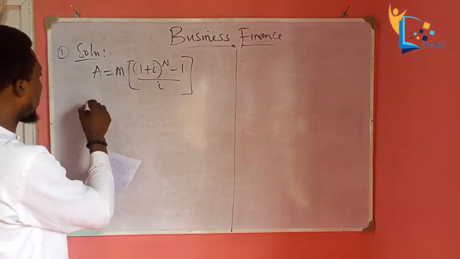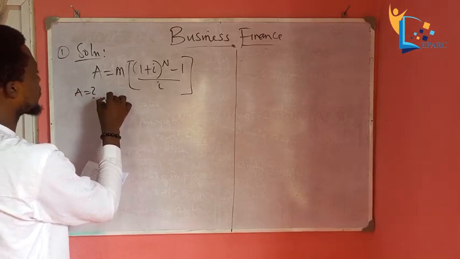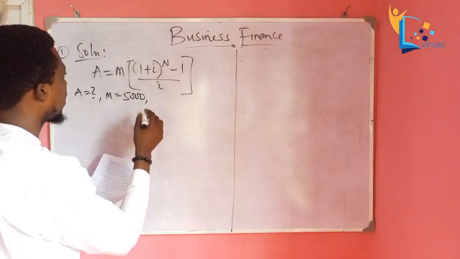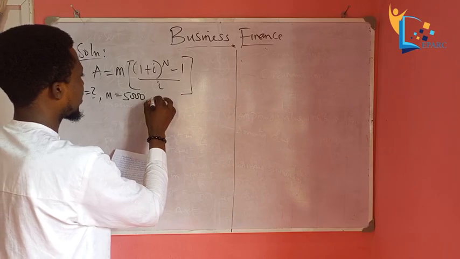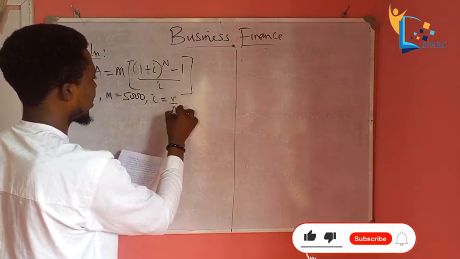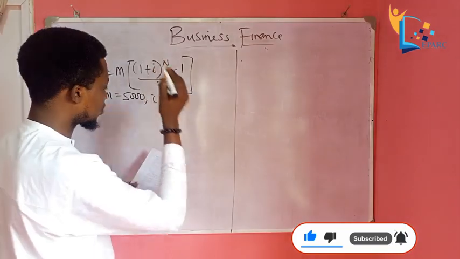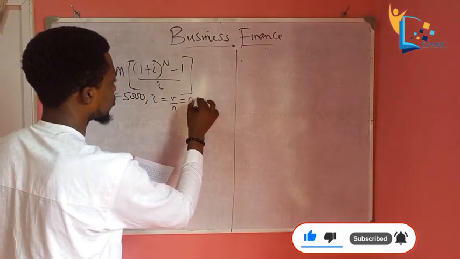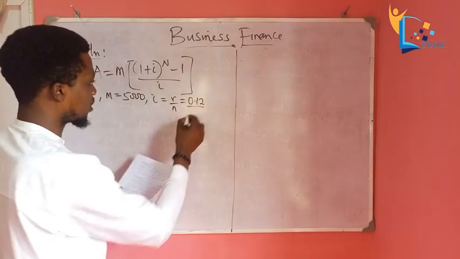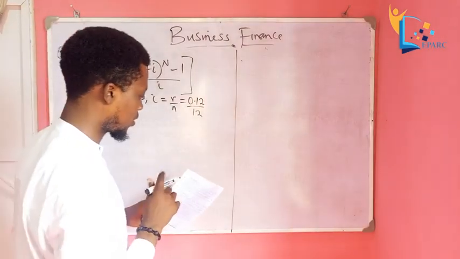All right, so our A here is what we're looking for. Our M here is 5,000. Our I here is equal to R over n, which is equal to, our rate here is 12%, that will give us 0.12, all over n, the number of times monthly, that's 12. 12 times in a year, monthly.